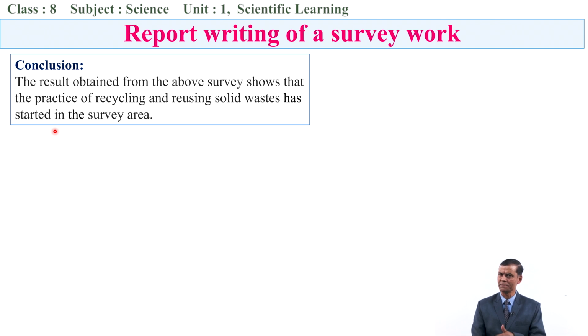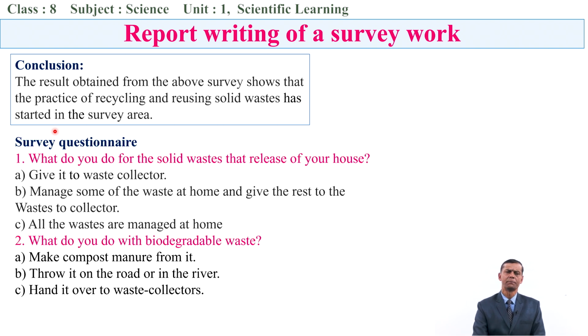Only 50% people don't have the practice, but the remaining 30% have started to recycle waste, that means degradable waste into compost. 20% people have started turning non-degradable waste into other materials, that means there is a positive sign. So if that percentage increases, definitely solid waste can be managed properly.